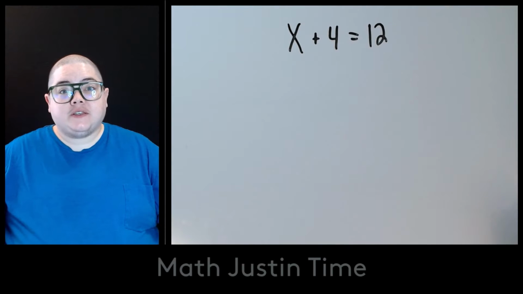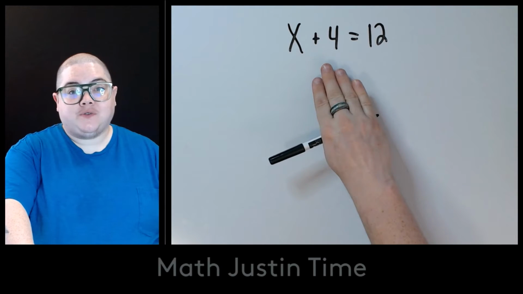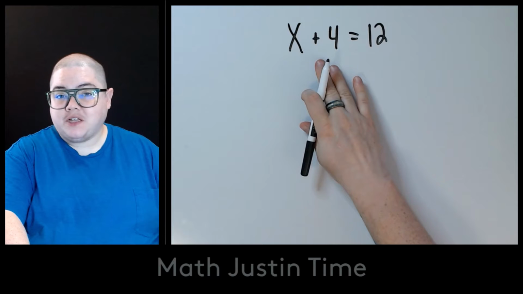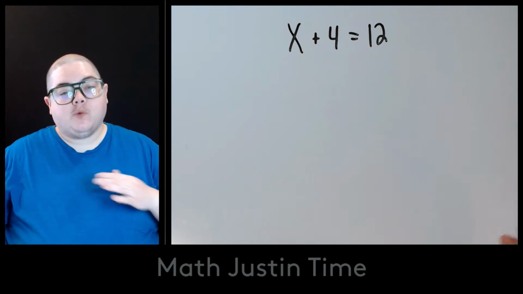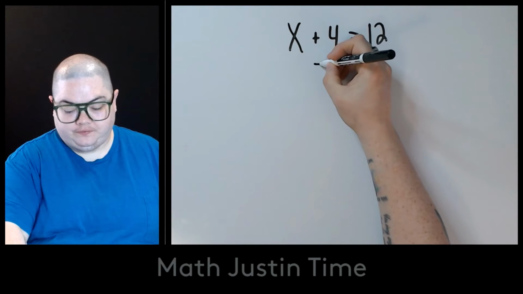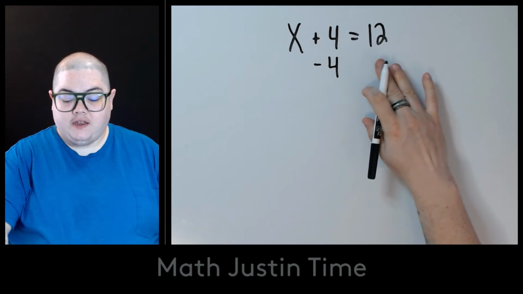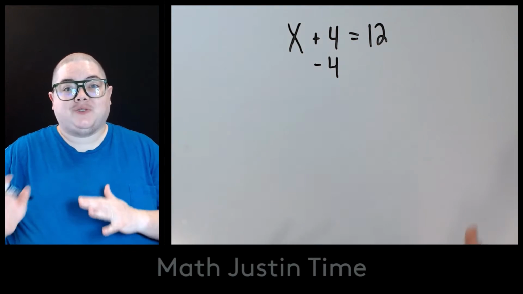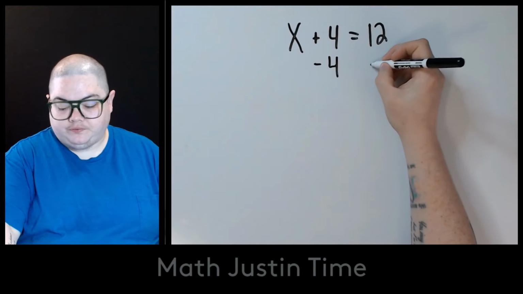Now when we look at this equation, we have x plus 4 is equal to 12. So if we have plus 4 here and we want to get rid of it, we're going to subtract 4. And then what we do to one side of the equation, we have to remember we always do to the other. It's very important.